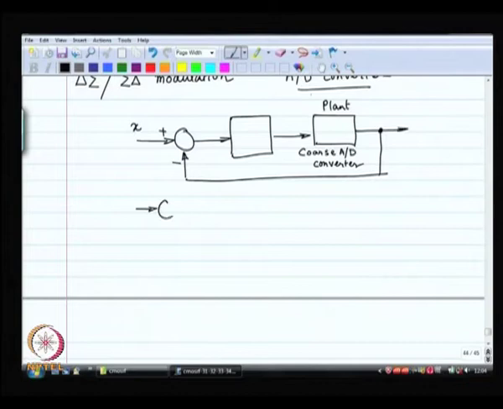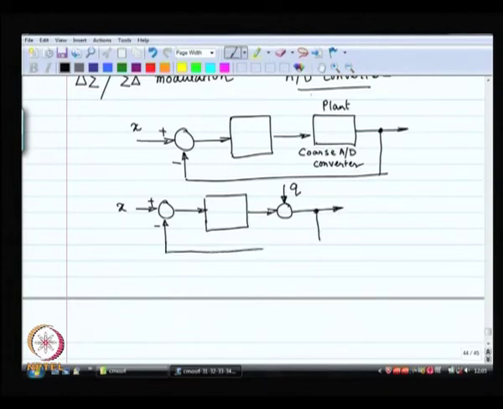So, I am going to model this system. This is just a model. So, this is how I am going to model the plant.